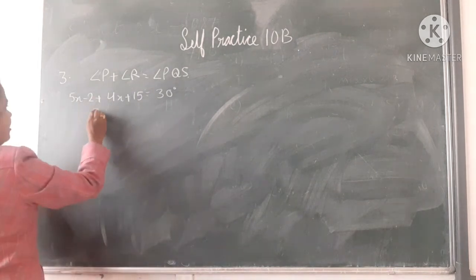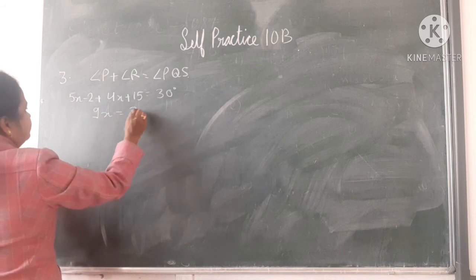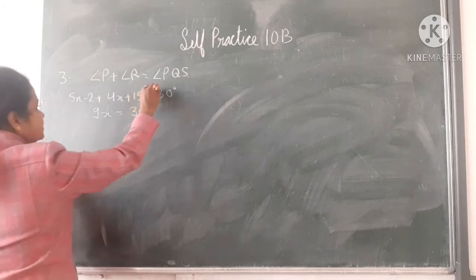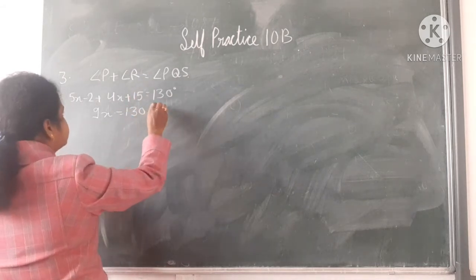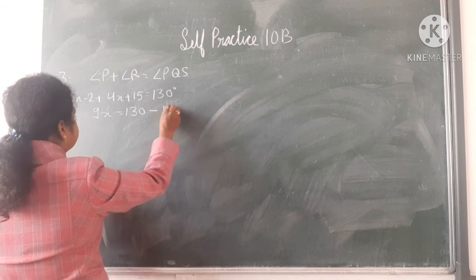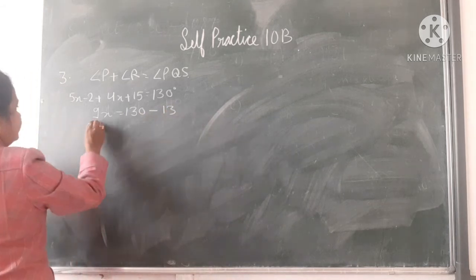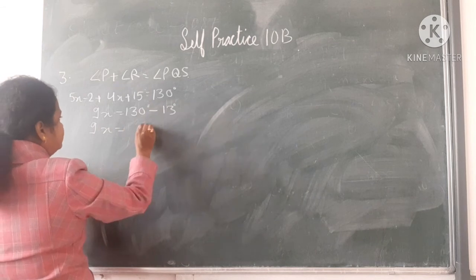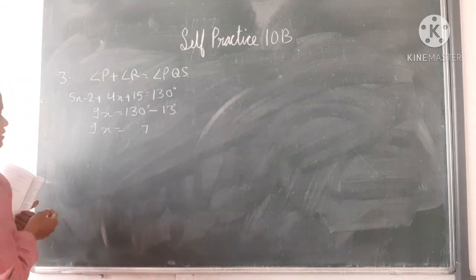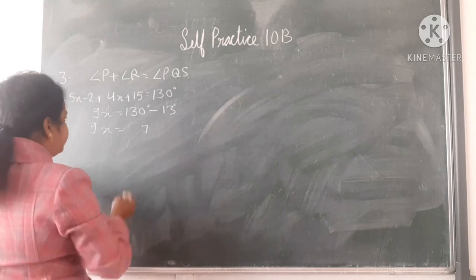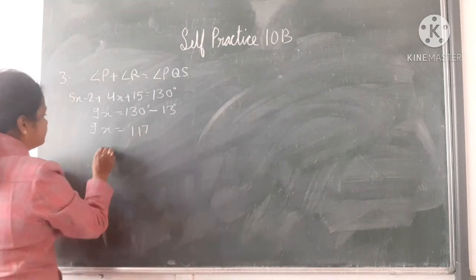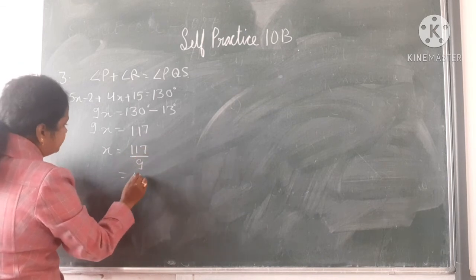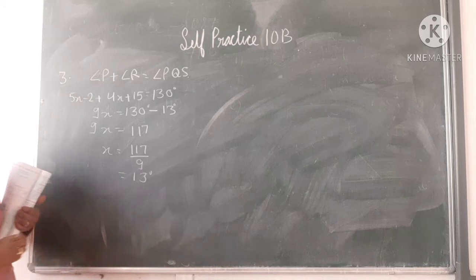So 5 plus 4, 9x is equal to 130 minus 13, 9x is equal to 117. X will be equal to 117 by 9. 9 ones are 9, 9 3s are 27, x is equal to 13 degree.